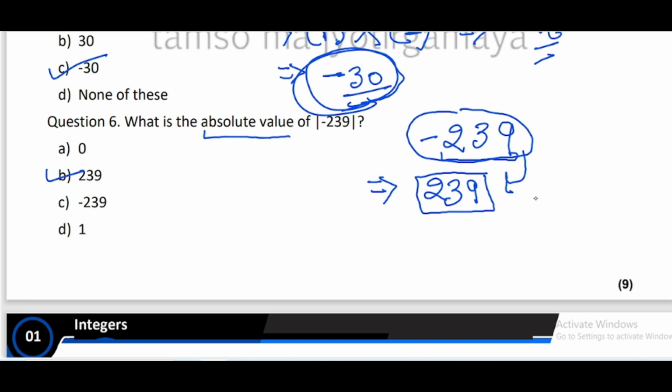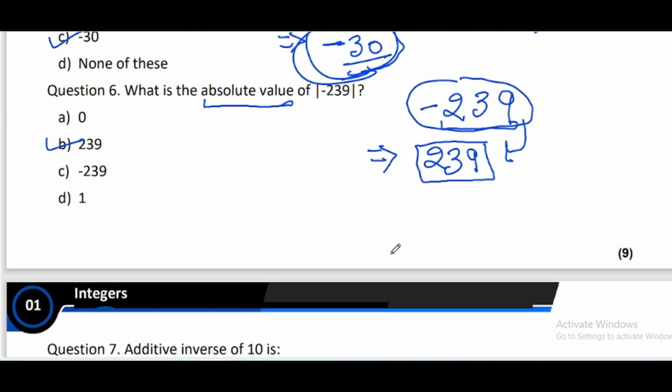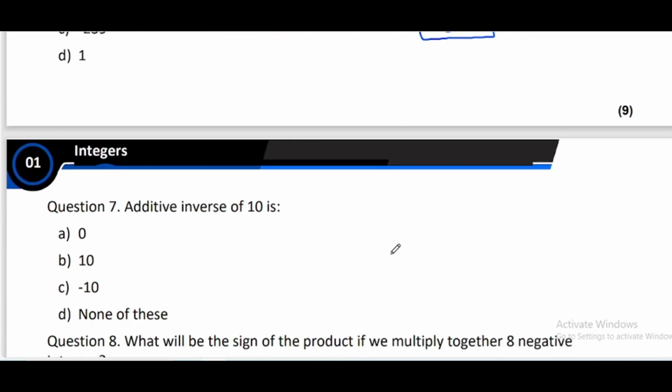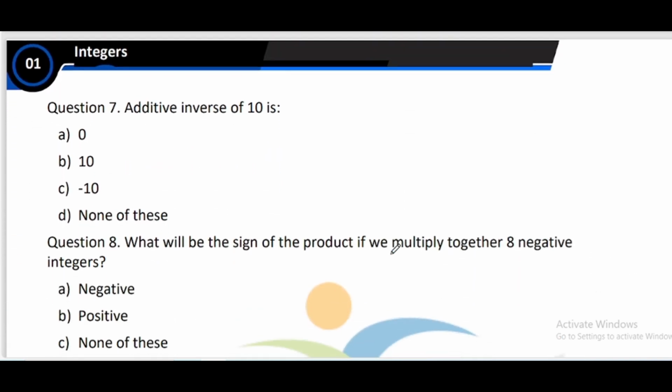What is absolute value? For the given number, if we remove the symbol and the numerical value is the same, then the value is an absolute value. Let's see the next part. Question number 7.